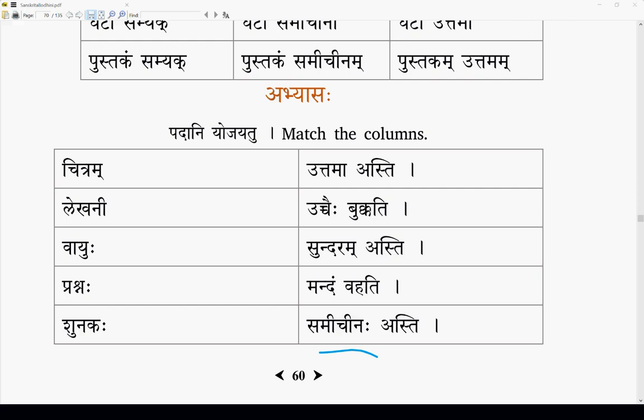Those components which are hidden in it come in different other words also, like Sundaram also, Uchchaya also.